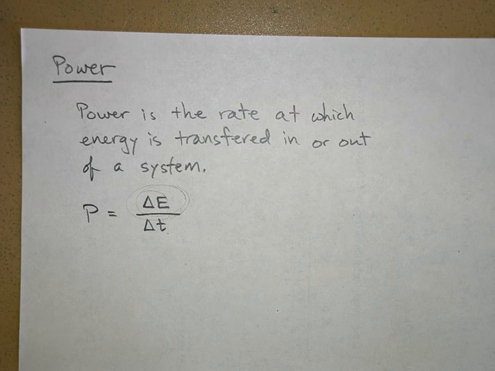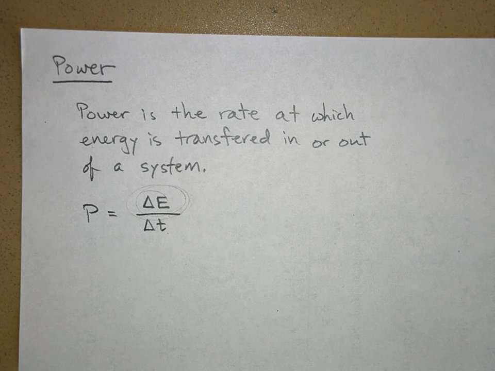And then you take the energy that you added to that pot of water to make it boil, and you divide it by the time it took to do that. Or if you're pushing on a cart, it took time to accelerate that cart down the track or something like that. So you just take the work that you did on it and divide it by the time it took to do that work.